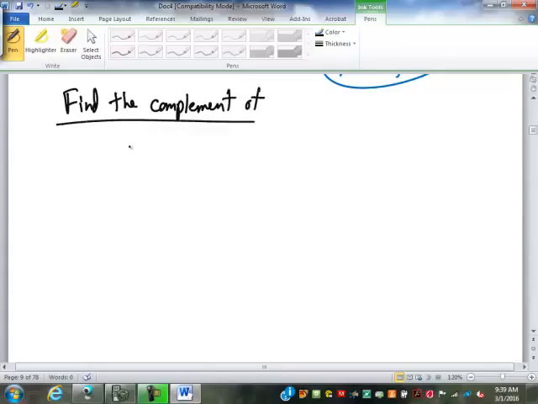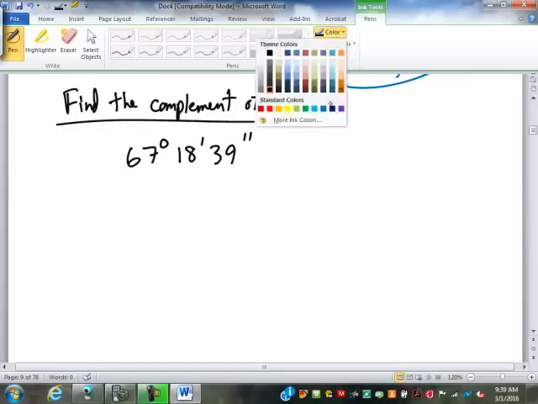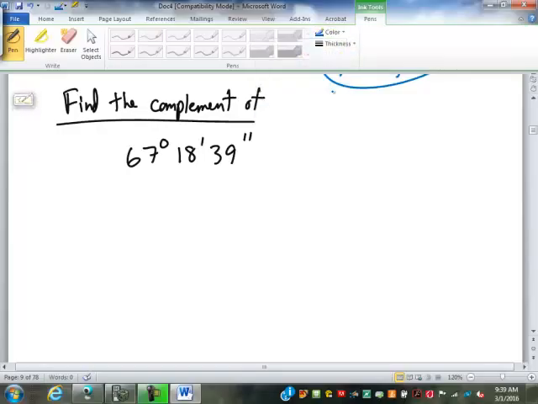So find the complement of 67 degrees, 18 minutes, 39 seconds. Find that for me quick in your notes. You gotta do alpha, and then it's down on the bottom of the key, bottom right of the keyboard.